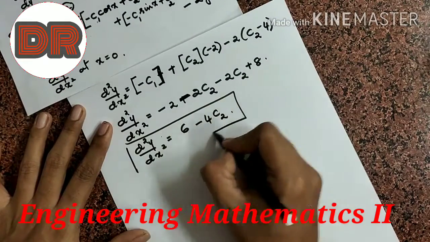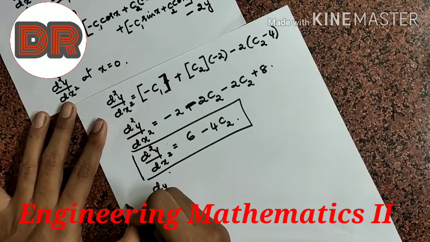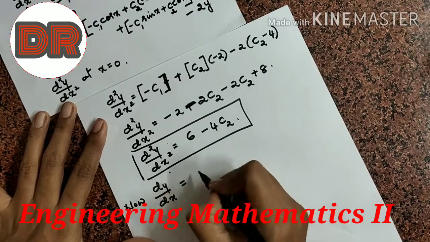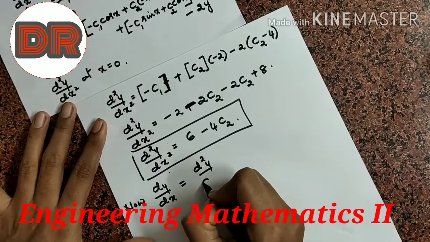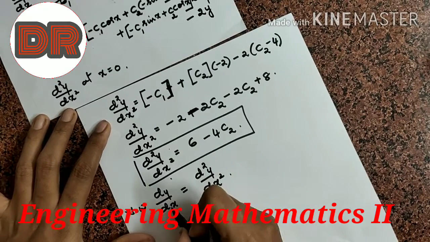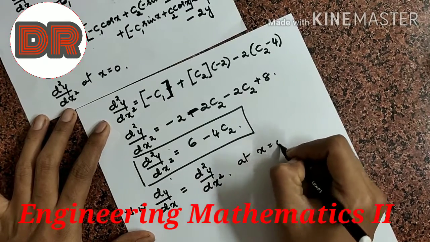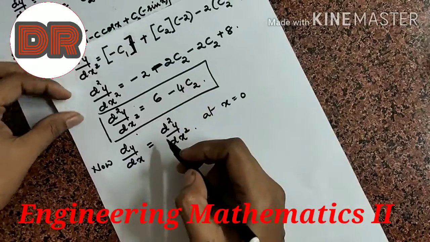So now let us compare dy by dx with d square y by dx square. How? This is given in the question itself: the condition dy by dx is equal to d square y by dx square at x equal to 0.